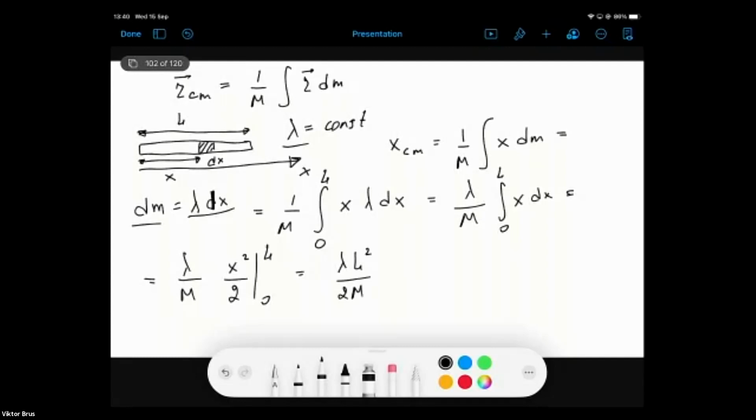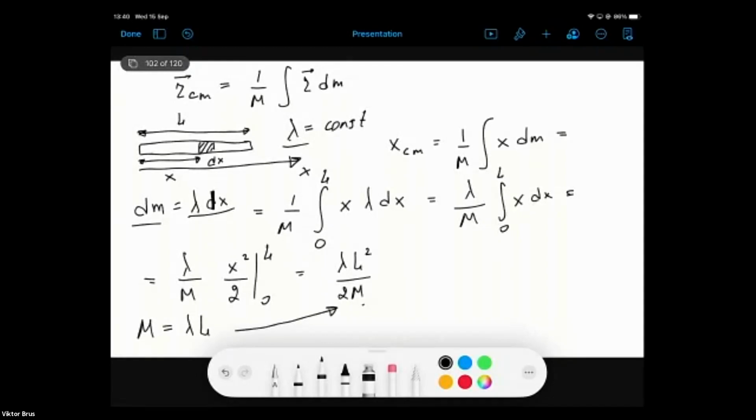Okay, so looks like we already got it, but there is one more step. We also can express the total mass in terms of lambda and length of the rod. So total mass is equal to lambda times L.